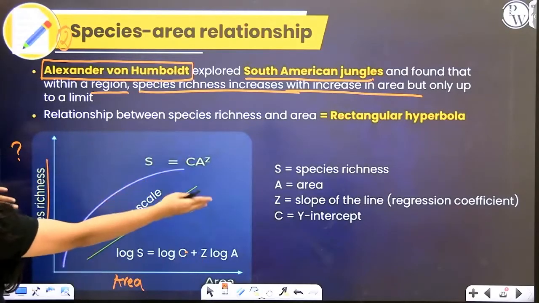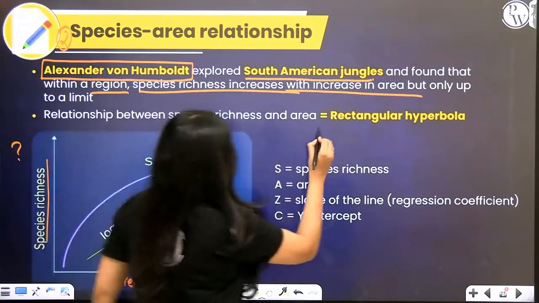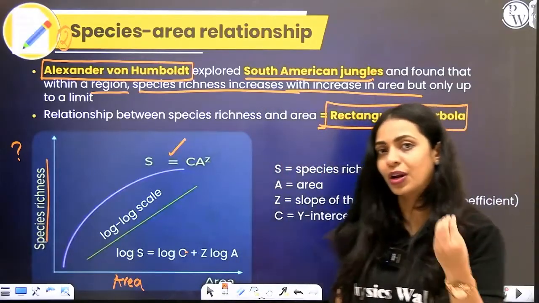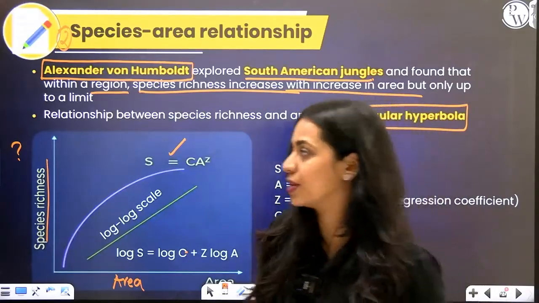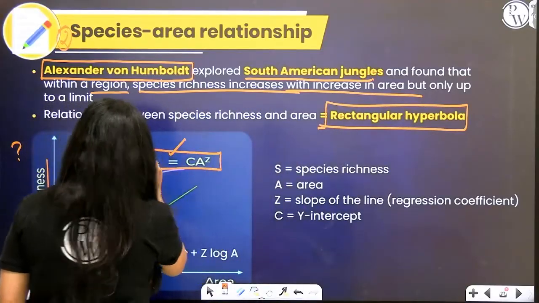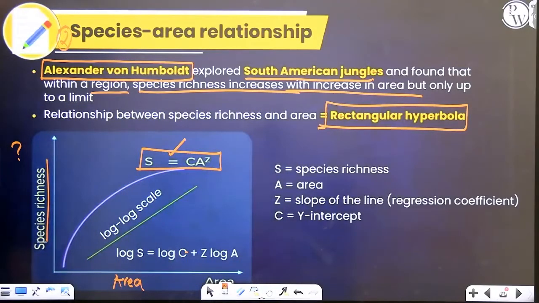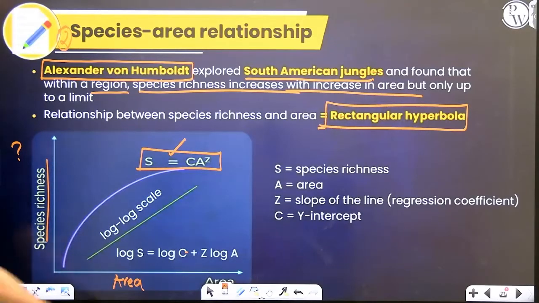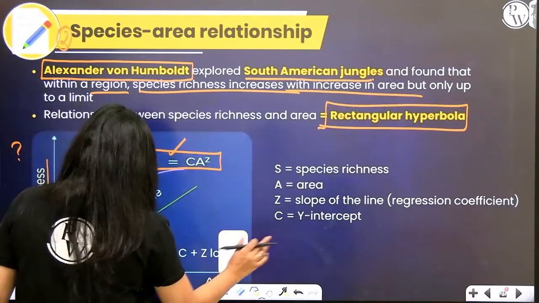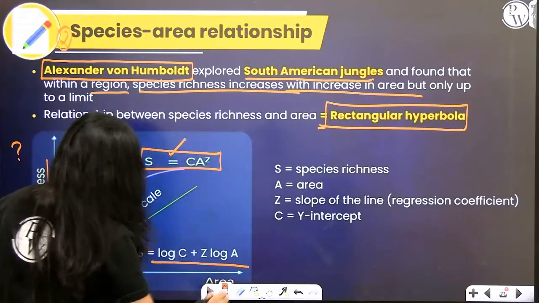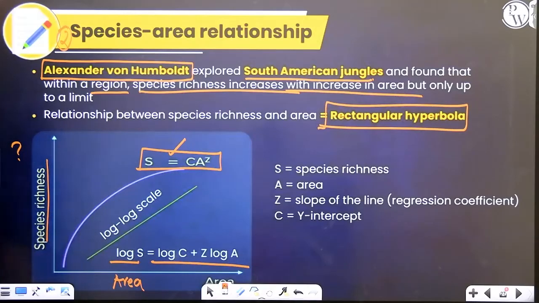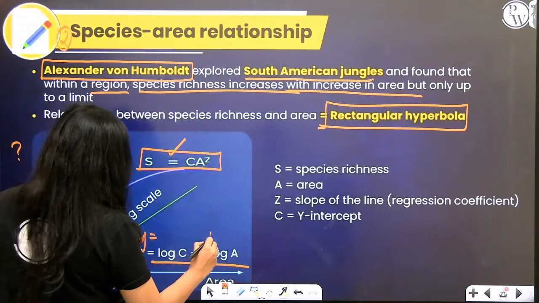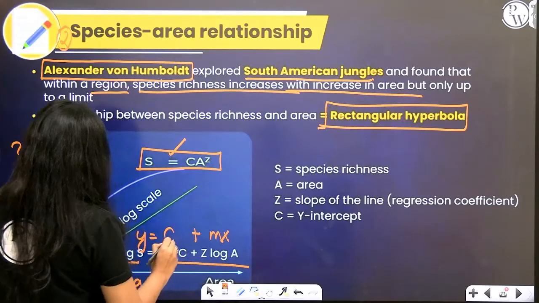So when you plot it as a graph, you get a rectangular hyperbola. This is what you get. And by convention, how do you represent a rectangular hyperbola in an equation? S = CA^Z. And on a log scale, you get a linear graph for that. That is represented by the equation log S = log C + Z log A. This is very similar to the linear equation y = mx + c.